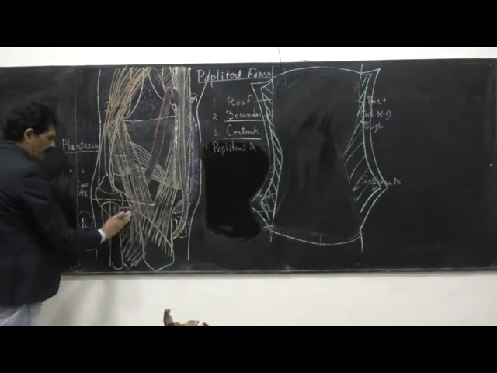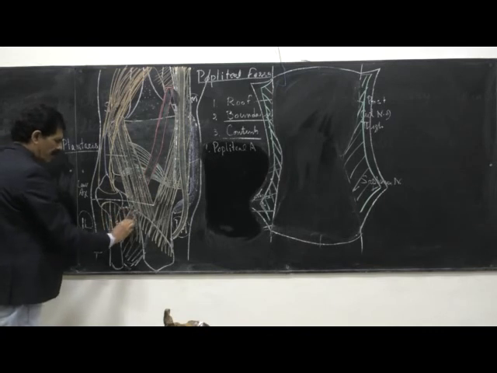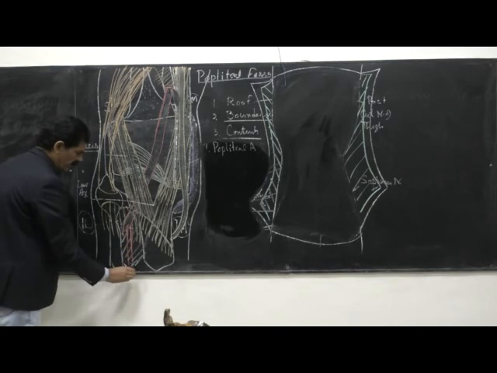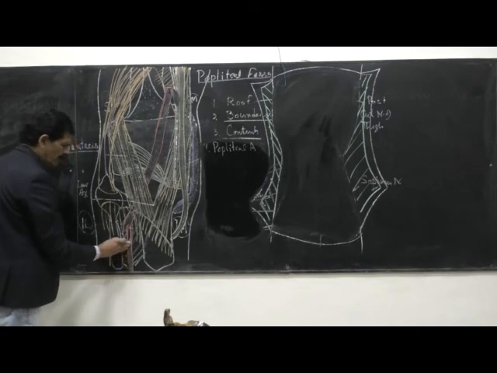And here in the upper part of the interosseous membrane, this artery divides into two branches. One is running on the posterior surface of the interosseous membrane in the leg as the posterior tibial artery, and one artery goes in front of the interosseous membrane's upper border as the anterior tibial artery.